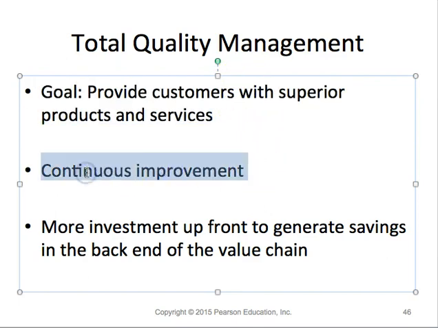And technology improvement is going to have a big impact on the quality of the company. The company needs to improve their technology, their facilities, and their systems, so that they can lower their costs and provide better products to the customers. And there is more investment upfront to generate savings at the back end of the value chain.